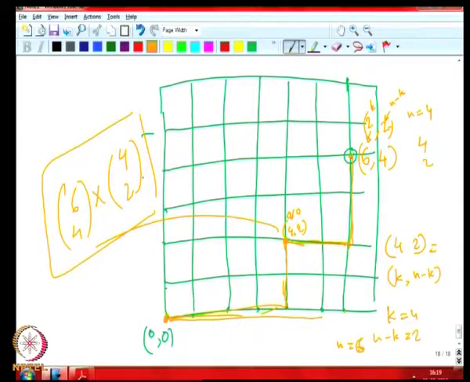Of course here I argued that you can translate 4 2 to 0 0, but it is not necessary. You can notice that from where you are, you have to take 4 more units to reach here, out of which 2 units are eastward and 2 units are northward. That is all we need to know, right. So this is 6 choose 4 into 4 choose 2, right.